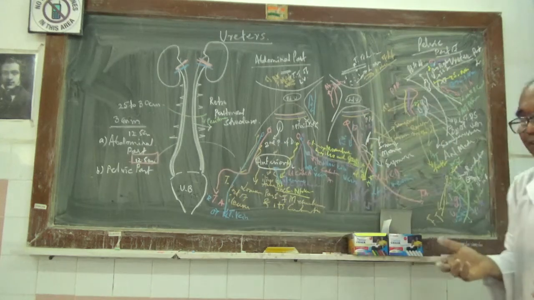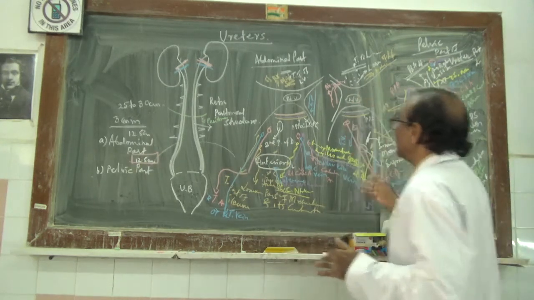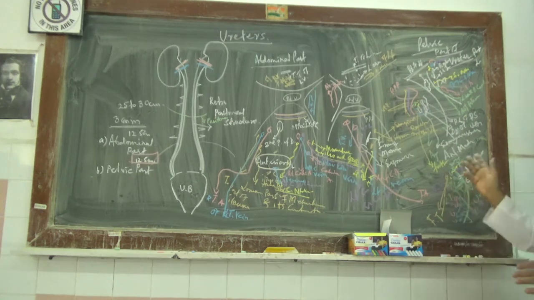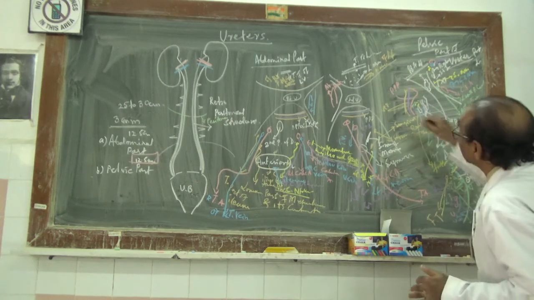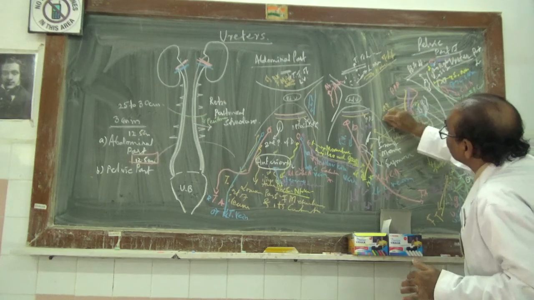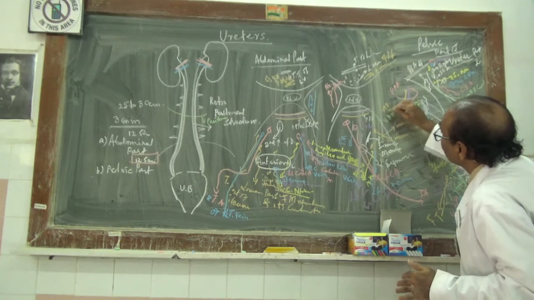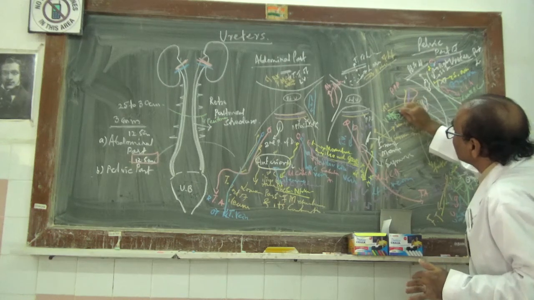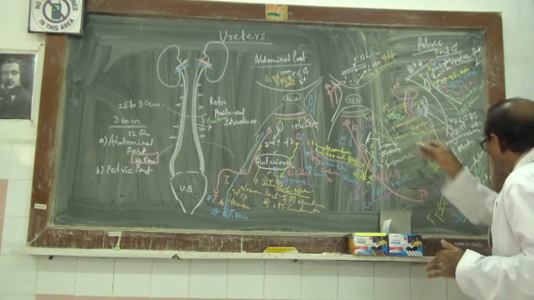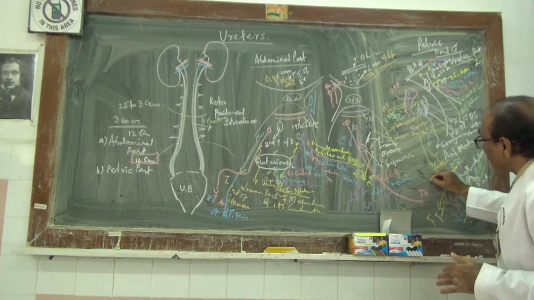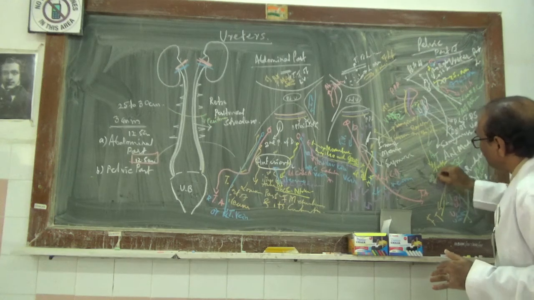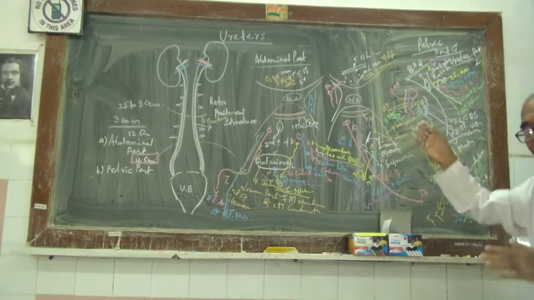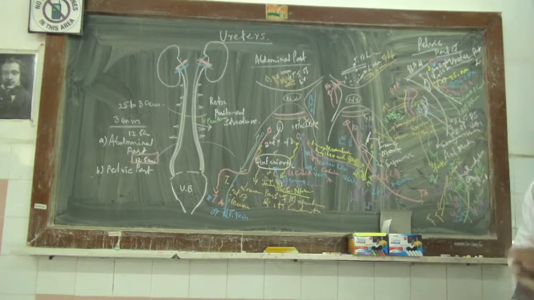So you will have vesical arteries, vesical veins in the pelvic part, common to male and female: vesical arteries, vesical veins, vesical group of lymph vessels and nerve filaments. The same will be there in the female.